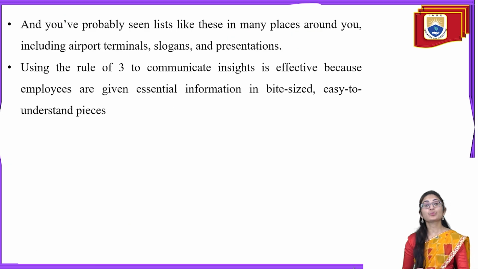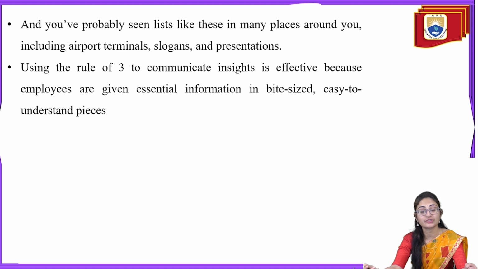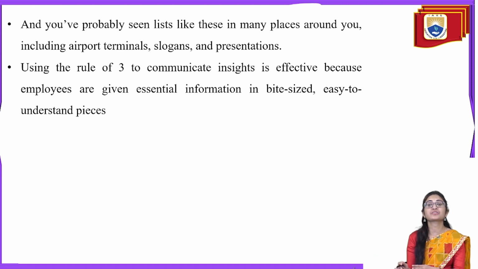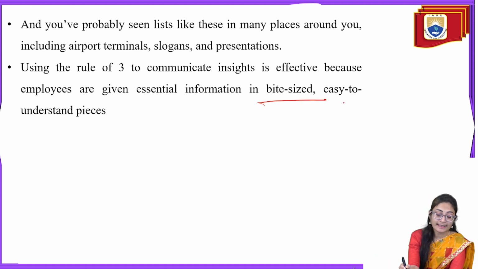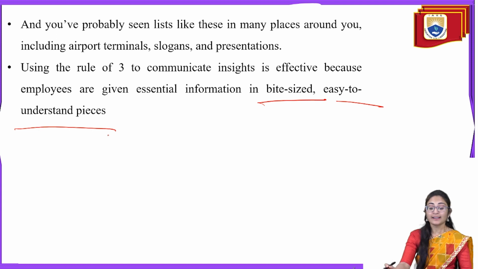You have probably seen lists like this in many places around you, including airport terminals, slogans, and presentations. Using the rule of three to communicate insights is effective. Why is it very effective? Because employees are given essential information in bite-sized pieces, which is very easy for users to understand.